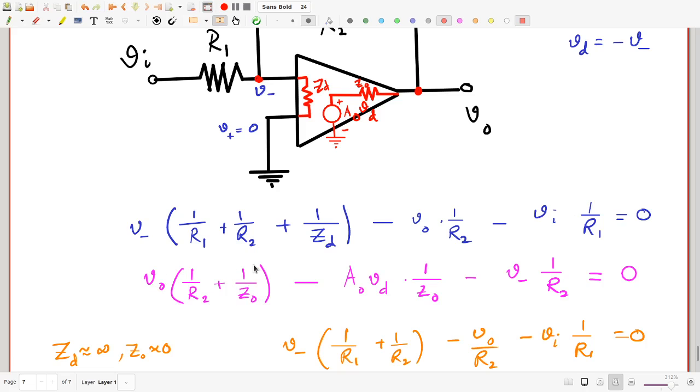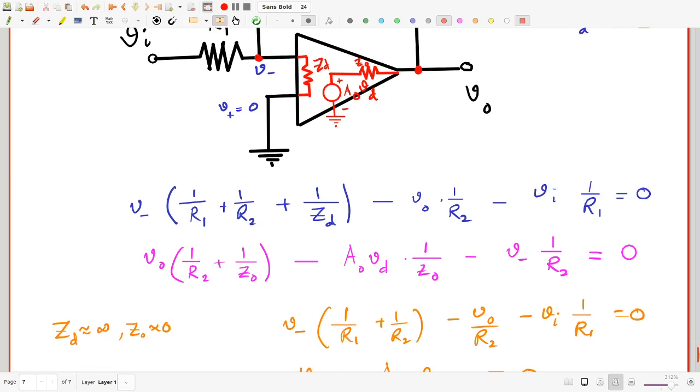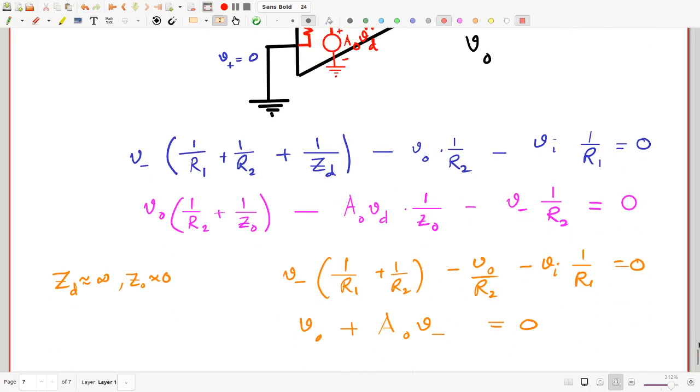We're going to get Vo from here, minus A0 Vd from here, and this term is going to vanish. So you get Vd equals Vo by A0, which of course is not a surprise because if Zo were really 0, then this point is directly connected to the effective source inside, A0 Vd. So Vo will be A0 Vd. More importantly, Vd will be Vo by A0.